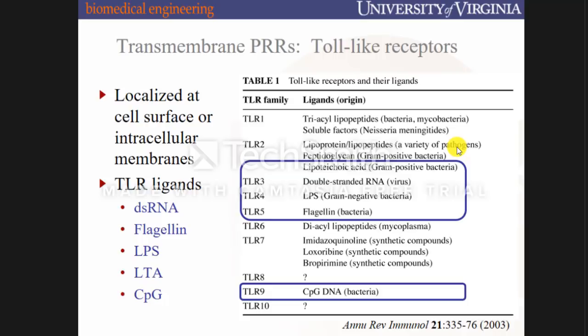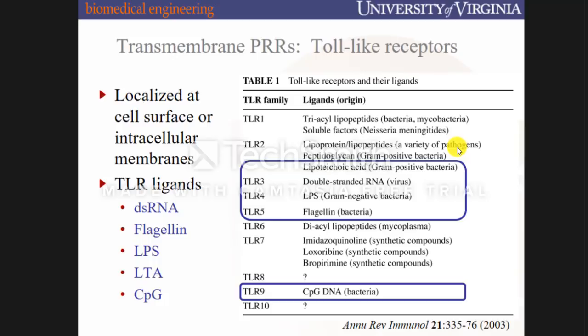The first few we're going to focus on are, for example, double-stranded RNA. Our RNA is not double-stranded; our RNA is single-stranded. But in RNA viruses, the RNA is double-stranded, and it's recognized by TLR3. So the PAMP is double-stranded RNA, and the pattern recognition receptor is TLR3, which is expressed internally.